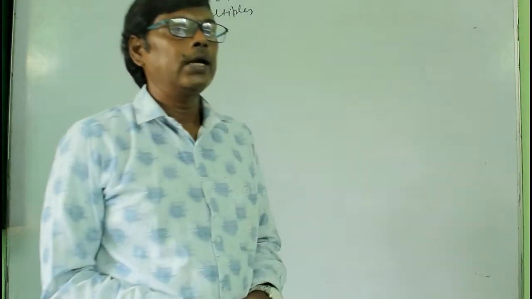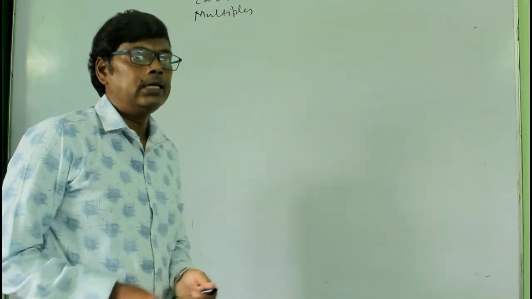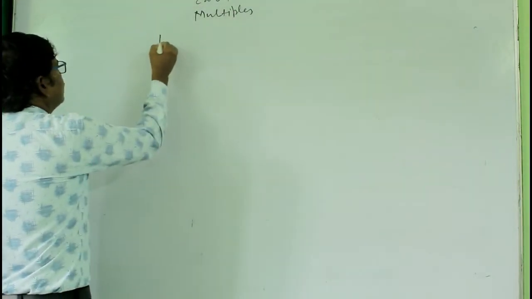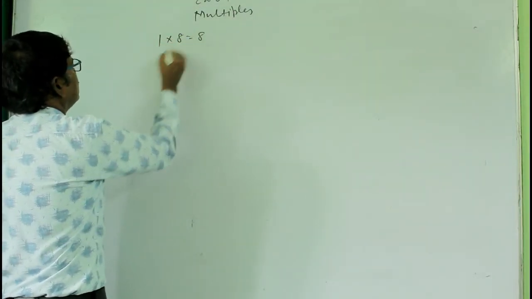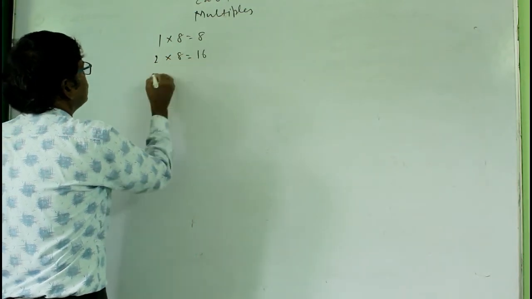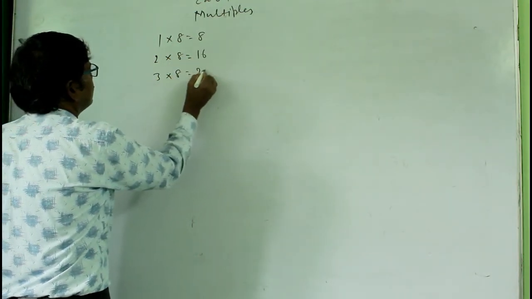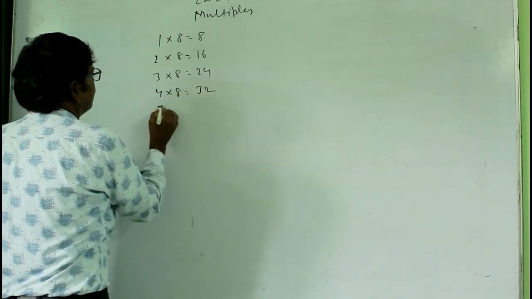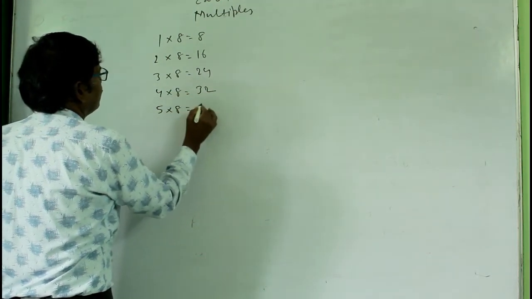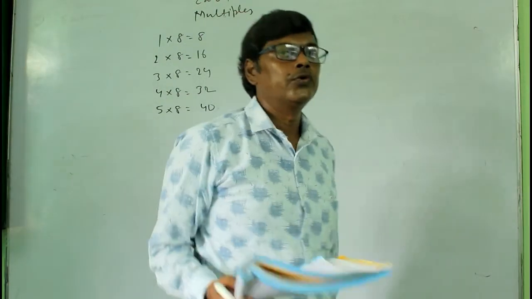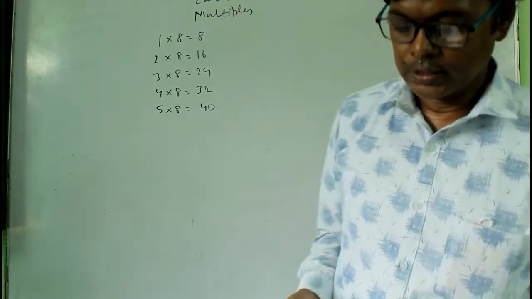For example, if you write the table of 8, then what will you write here? 1 into 8 equal to 8, then 2 into 8 equal to 16, and so on. 8 1 is 8, 8 2 is 16, 8 3 is 24, 8 5 is 40, 8 6 is 48, and so on.